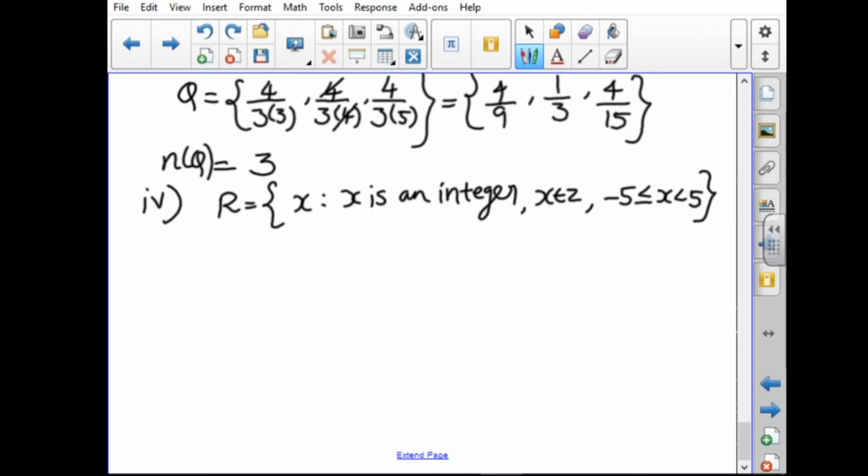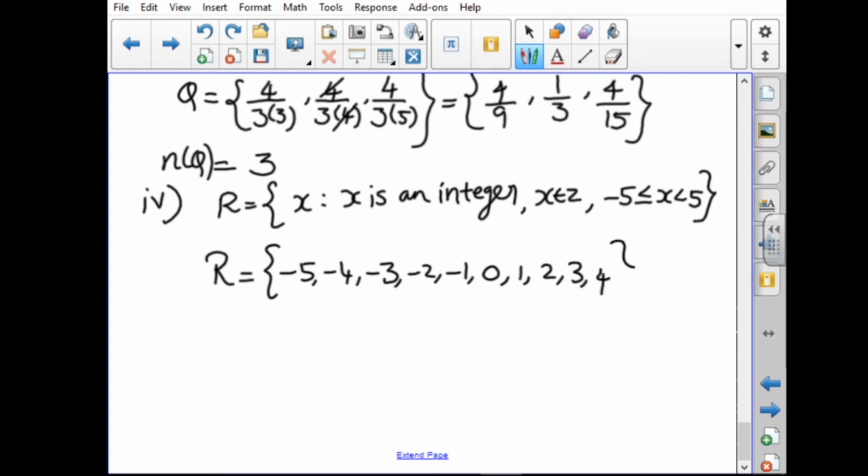So we have to define the R set. x is an integer, and minus 5 less than or equal to x less than 5. So minus 5 is included. So that is minus 5, minus 4, minus 3, minus 2, minus 1, 0, 1, 2, 3, 4, and 5 is not included. So up to 4 you have to write. So how many elements are there? n of R is equal to 10.